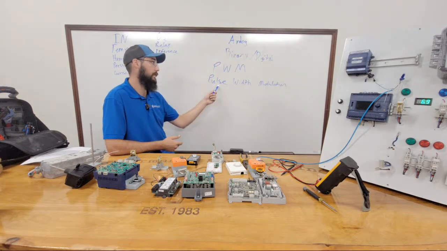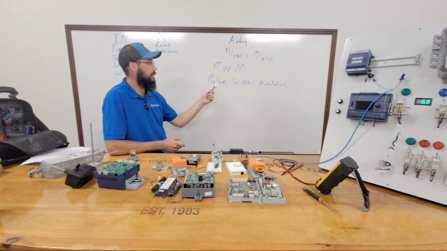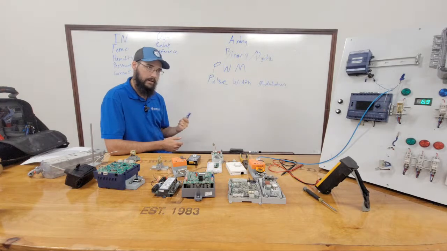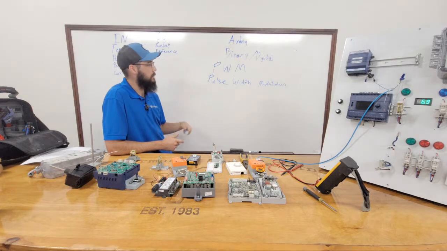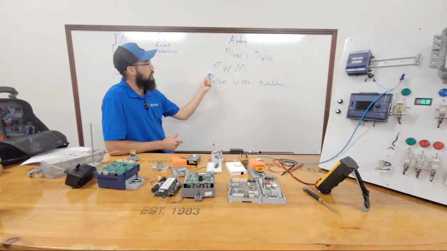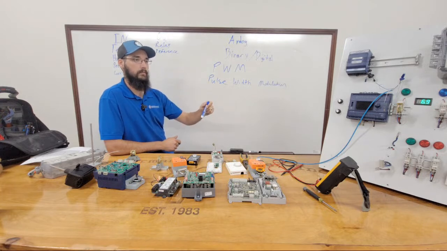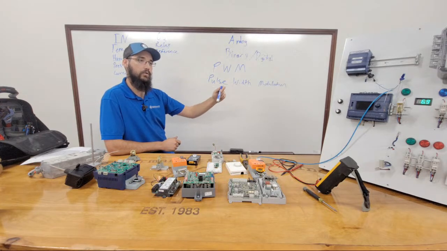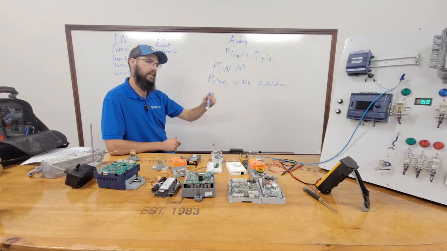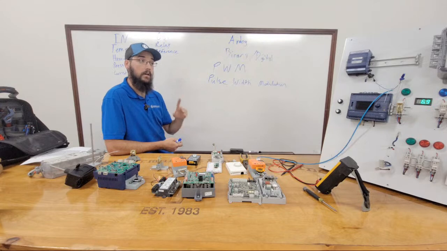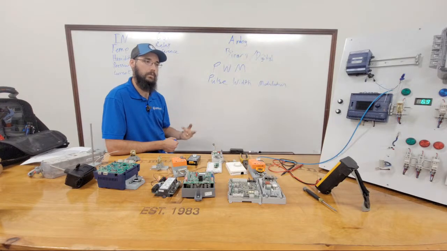So this is something to really get familiar with, even if, from my understanding, I'm not an expert in automation by any means, but PWM in terms of control signal used to be used more widely. Now I forget exactly which applications and why, but it's not as common as it once was.